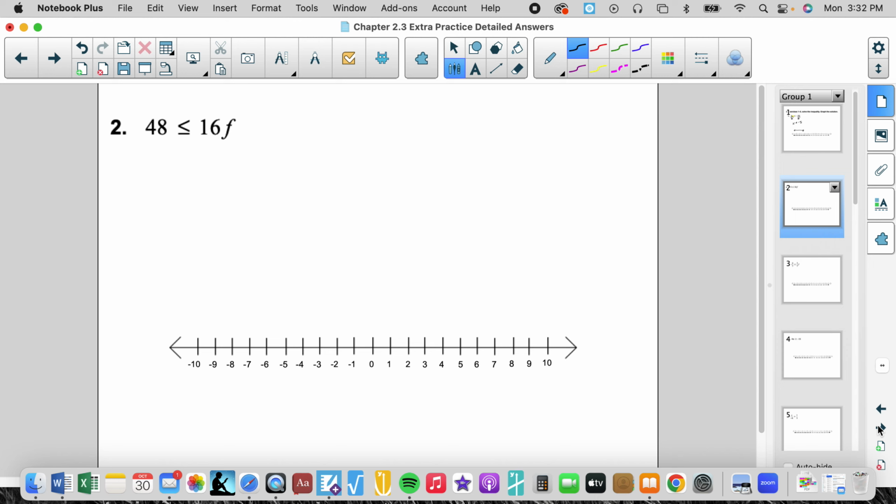Again, we are going to use the inverse of multiplying by 16, which is dividing by 16. 16 goes into 48 3 times, and this time the variable is on the right. So it is in our best interest to have the variable come first.